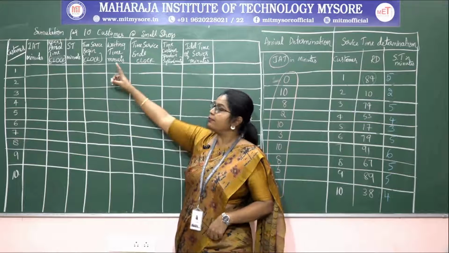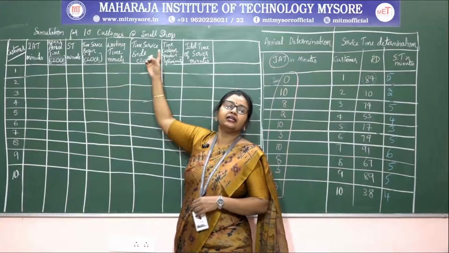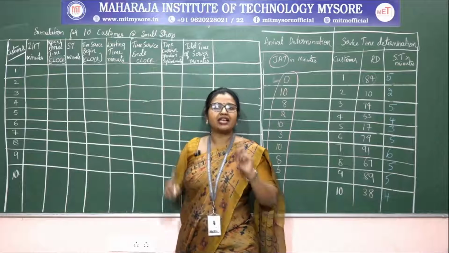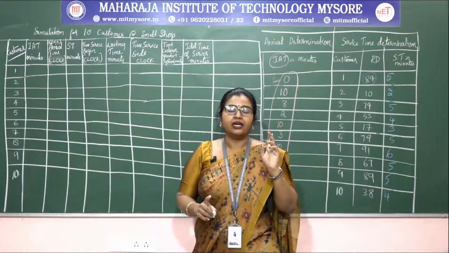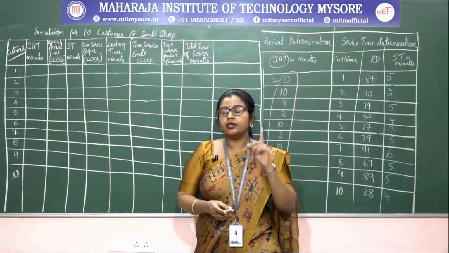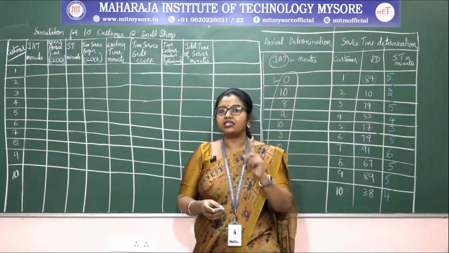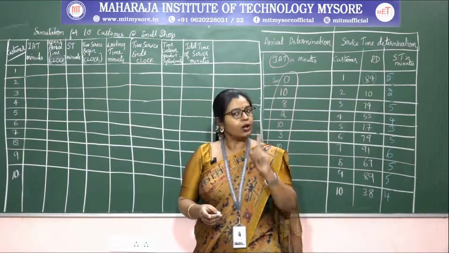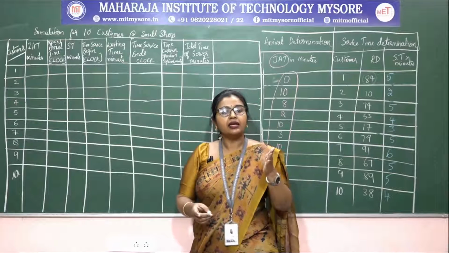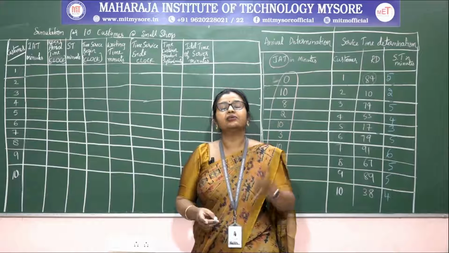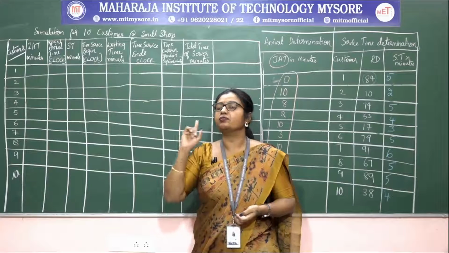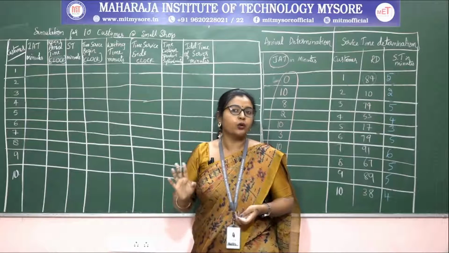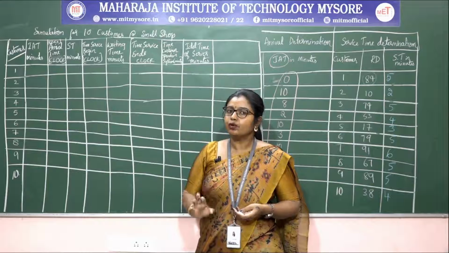The simulation table for 10 customers at a small shop which has only one counter. Here remember, if you have only one server, only one queue will be there, and all the customers have to take the service from that particular server only. Okay, so now we need to simulate it.